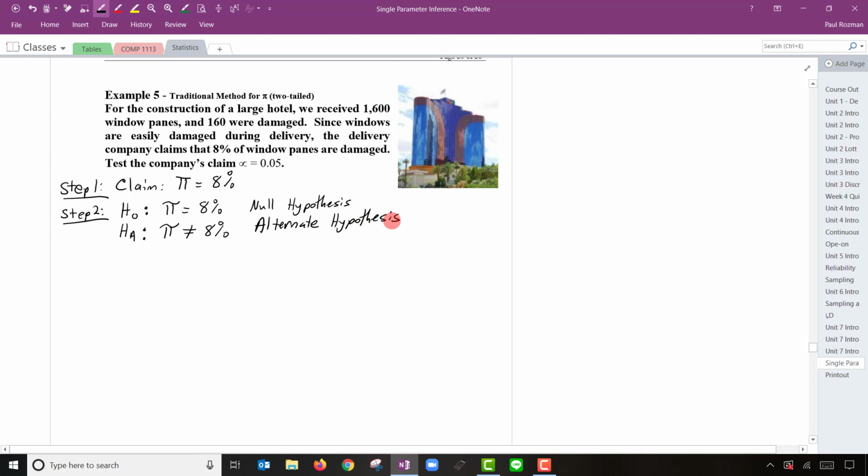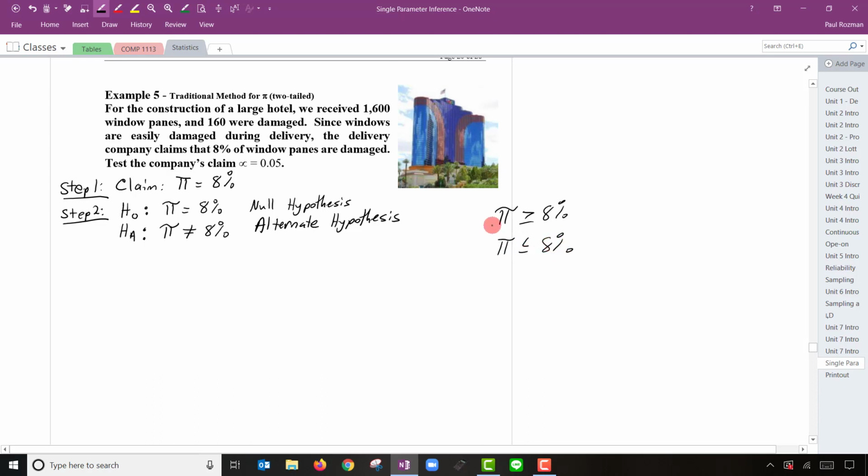So we figured out what our claim was. When you're doing these later, you'll first have to decide, is this a mu question or is it a pi question, for example? And then you'll have to figure out how it's worded, whether the claim has an equal sign or not. Sometimes they could have claimed that pi was greater than or equal to 8%, or maybe they claimed that pi was less than or equal to 8%.